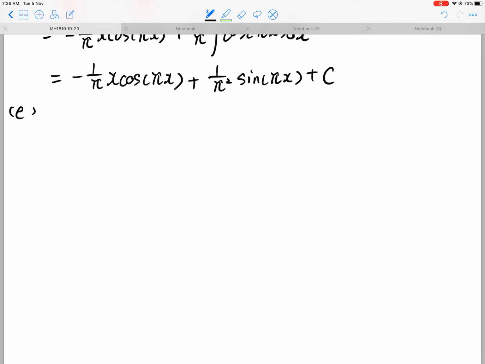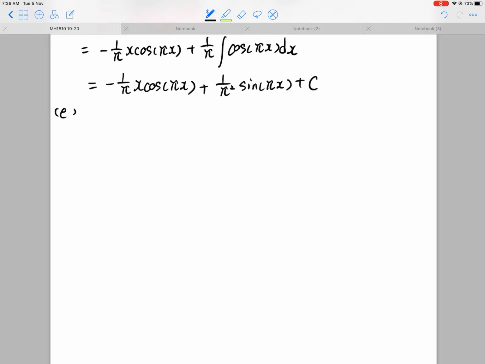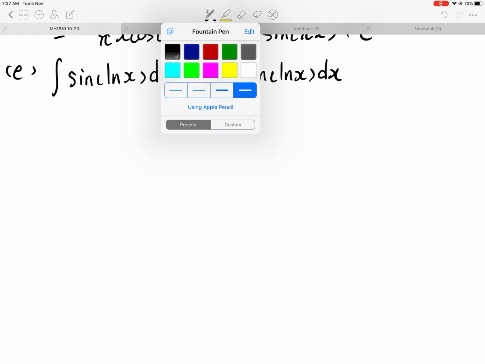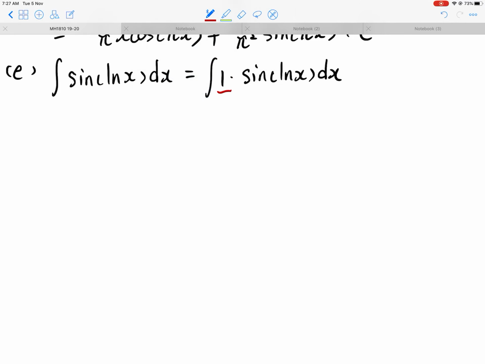So part E. The integration of sine ln x. Again, you can treat it as 1 times sine ln x. So this is your u, its derivative, this is your v, which should be x times sine ln x, right?